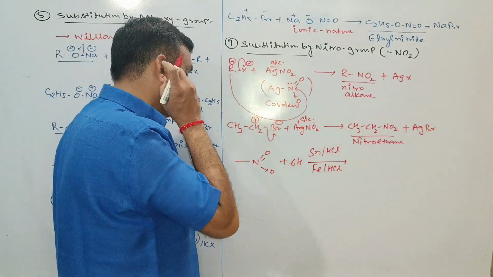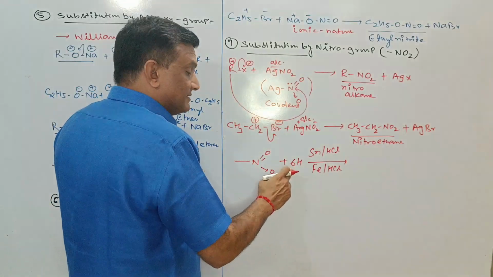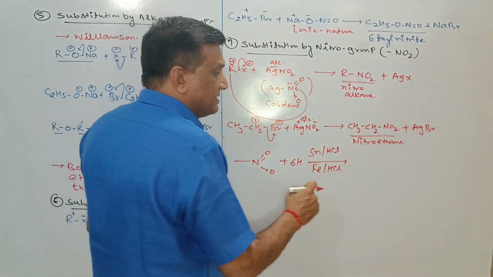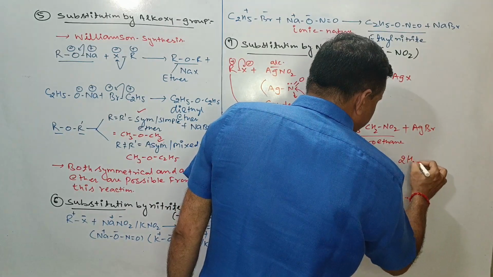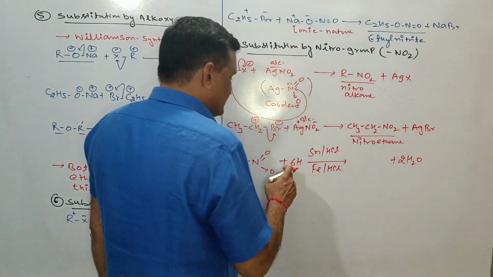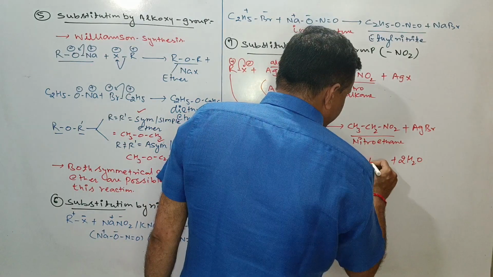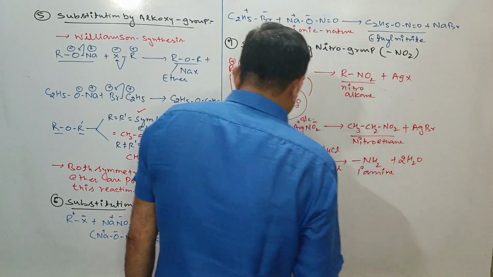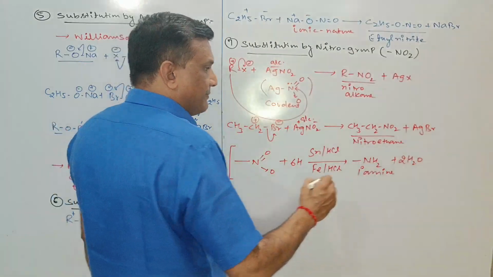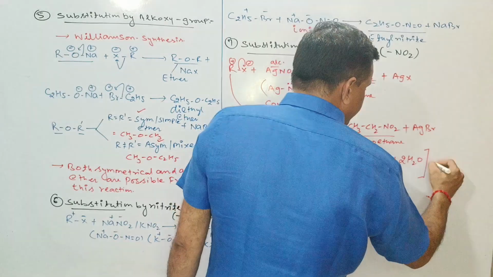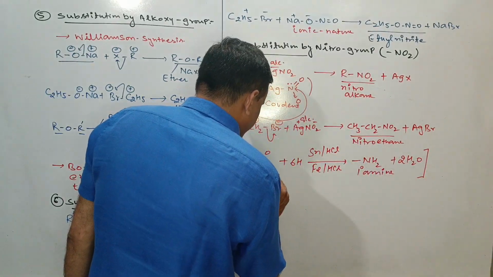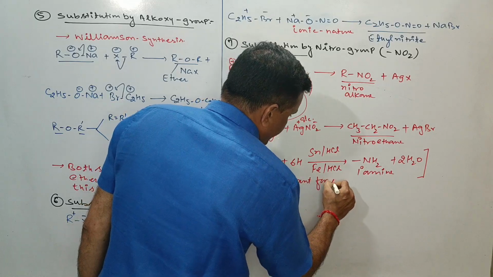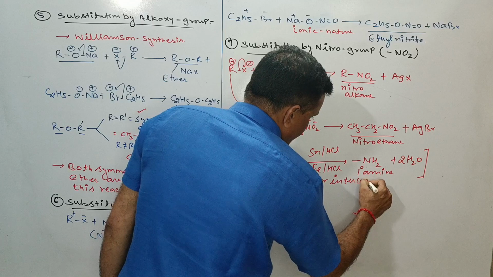Of the 6[H], 4[H] will react with the 2 oxygens to give 2 H2O, and the remaining 2 hydrogens will be on the nitrogen and change it into a 1 degree amine. This is the 1 degree amine, and this reaction is very important for interconversion.